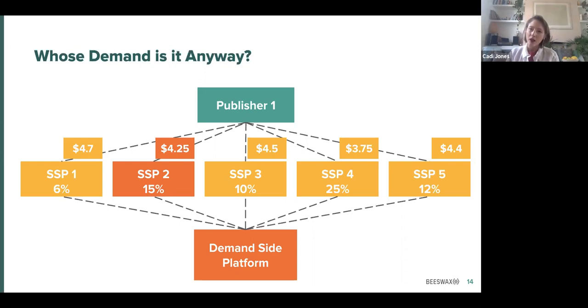And so a lot of platforms will talk about their supply path optimization strategy, but really, unless it's being done to maximize your results, unless it's being done by you, the advertiser, there could be other things at stake that mean it's not necessarily being done in your interest. And so it's always worth investigating if that's something that is happening.